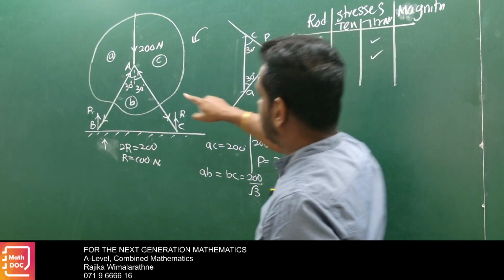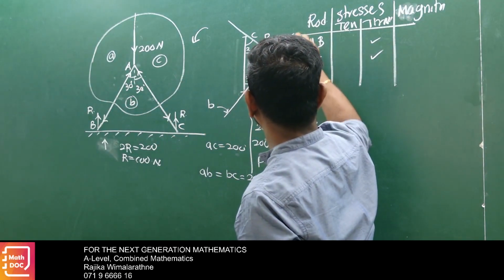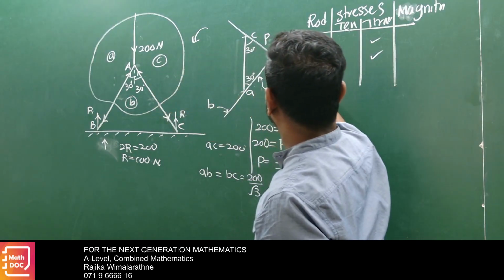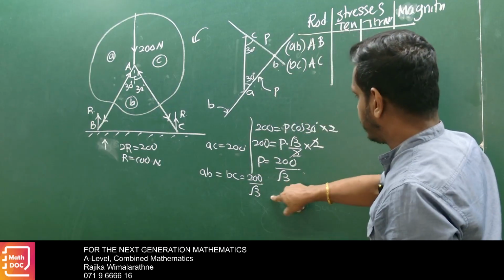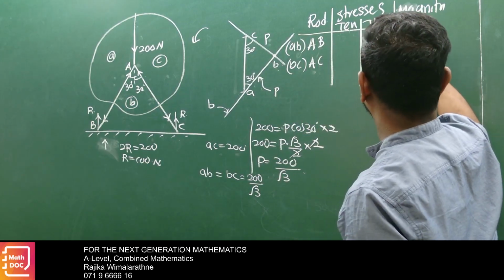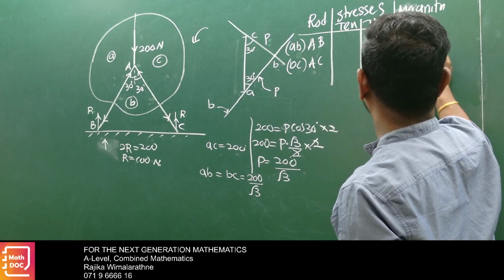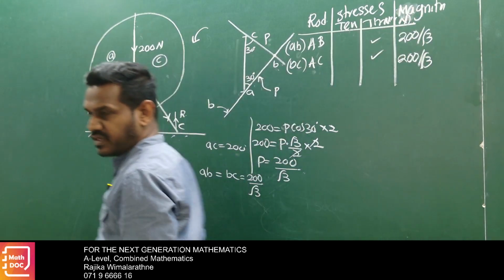The AB rod is represented by the AB region, the AC rod by the BC region. Then we know they have the same value, no? 200 over root 3, 200 over root 3. That is in Newtons. Complete.